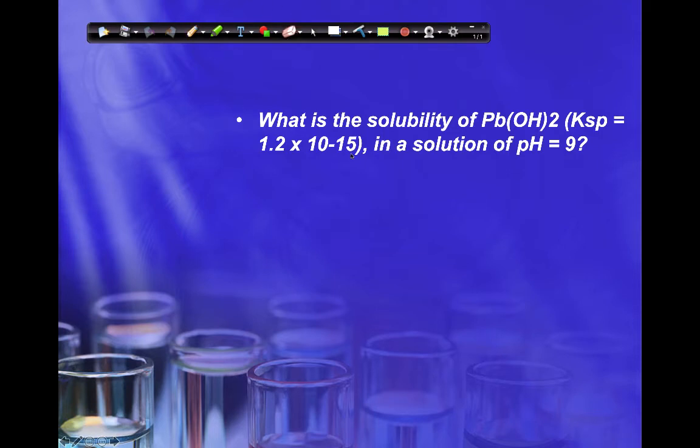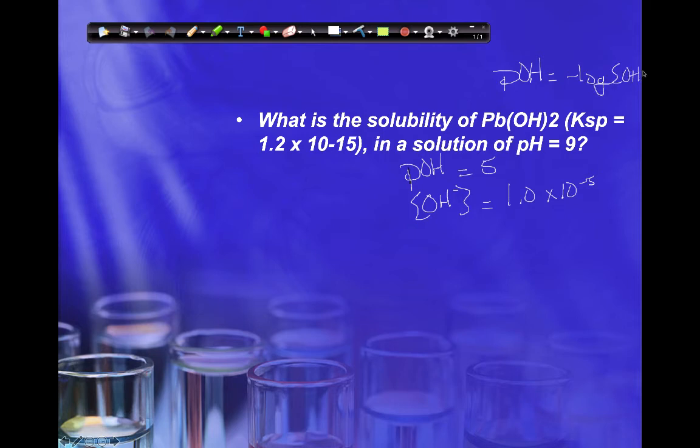So I know my pH is 9, so my pOH would be equal to 5. That means my hydroxide concentration in this particular solution would be 1.0 times 10 to the negative 5. And just remember, pOH is equal to the negative log of the concentration of hydroxide. Divide by -1, do the anti-log, and then you should get this.